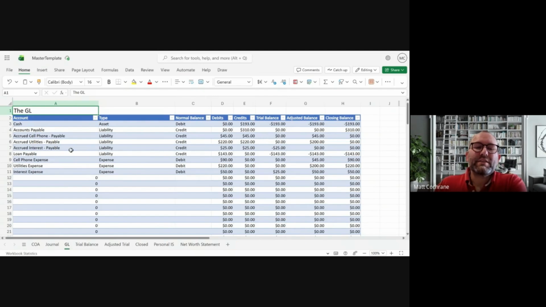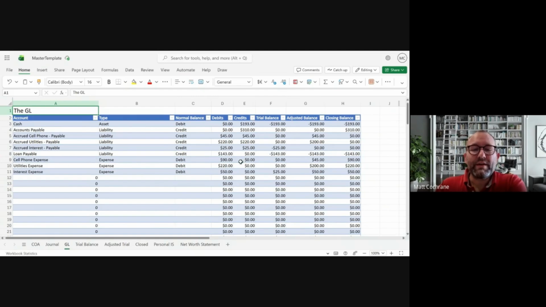The accrued interest payable, we had 25 from the prior period, okay, which is the 25 credit, and then the debit in the current period, which clears that out. We have the loan payable, which is going to show negative 143 again, because we didn't carry a balance over of the loan payable for this demonstration. But what would happen is whatever that opening balance was, it would reduce by $143.